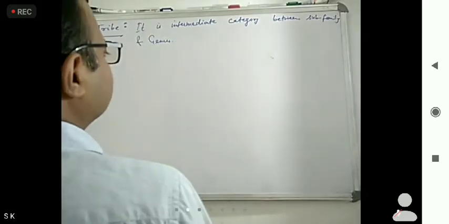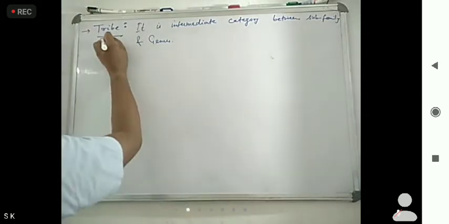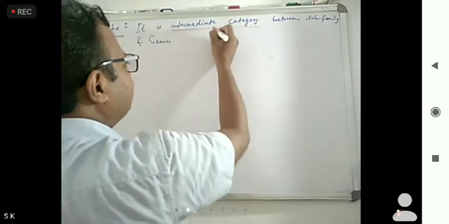Nowadays it is not used, but you have to know that tribe is an intermediate category. And what do you mean by intermediate?